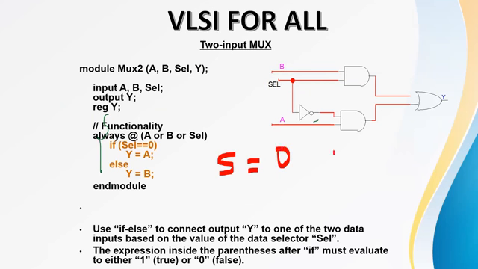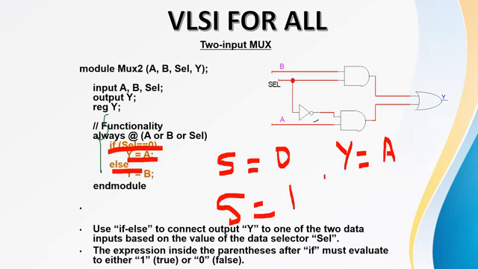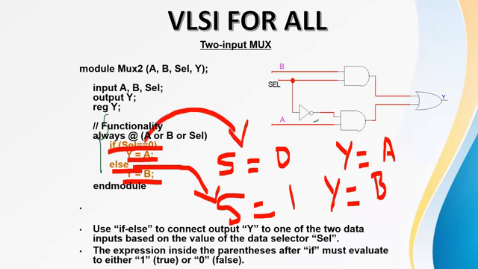As I said, if the select line is 0, Y will become A. So I'm writing: if select line is equal to 0, then Y is equal to A. The else condition is, if select line becomes 1, Y is equal to B. This else indicates S is equal to 1, because I have already taken select line 0, and we have only two possible cases, S is equal to 0 and S is equal to 1.